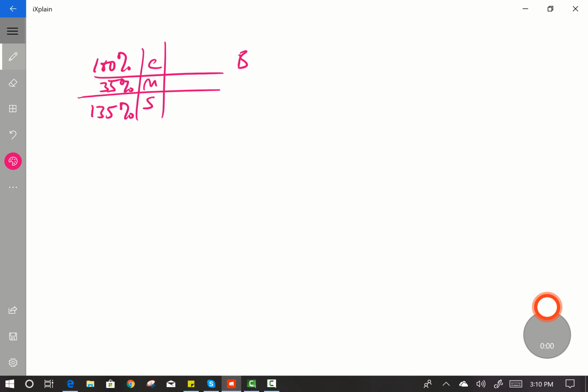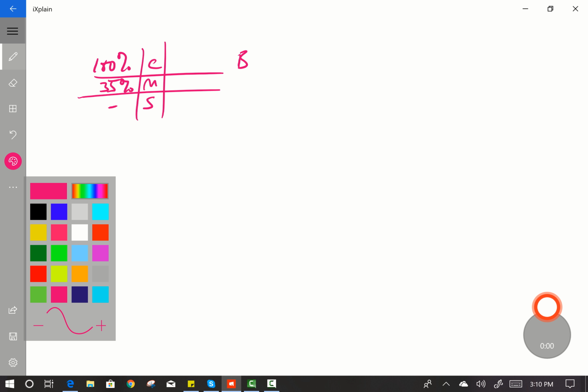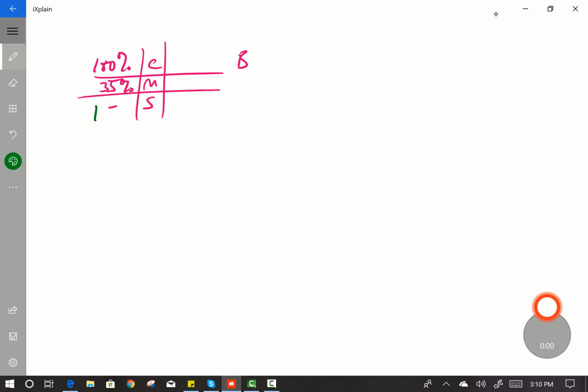Let me erase that. I can't tell the difference. Let's go with a green. So we're going to add this together, which is 135%. Since cost plus markup is equal to selling price, and we know it's originally a 35% markup on cost, we're going to put 35 on top.